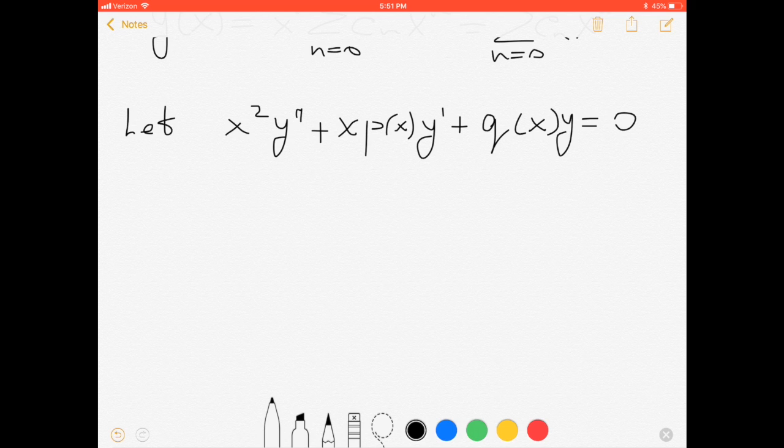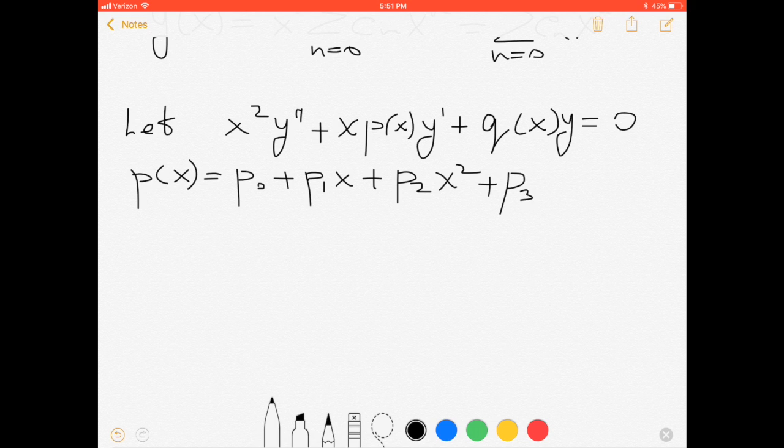And p(x) we can rewrite using a Maclaurin series: p0 plus p1 x plus p2 x squared, and so on, with some factorial division. I'm not counting the coefficients. Any good enough function can be rewritten like this kind of series.